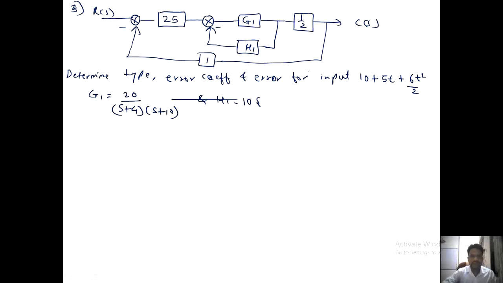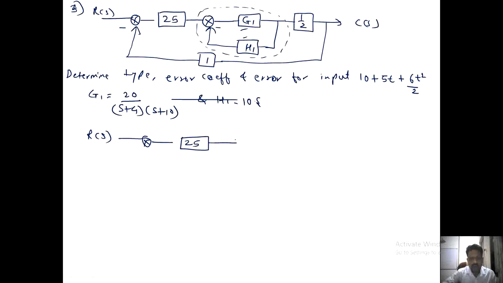Okay, so if we are solving this diagram, what could be the first step? We can apply loop law for G1 and H1. Summing point, then G1, and return path or feedback signal is given as H1, so we can easily apply loop law for this portion. So the diagram will be R of s, then summing point, then 25 as it is.